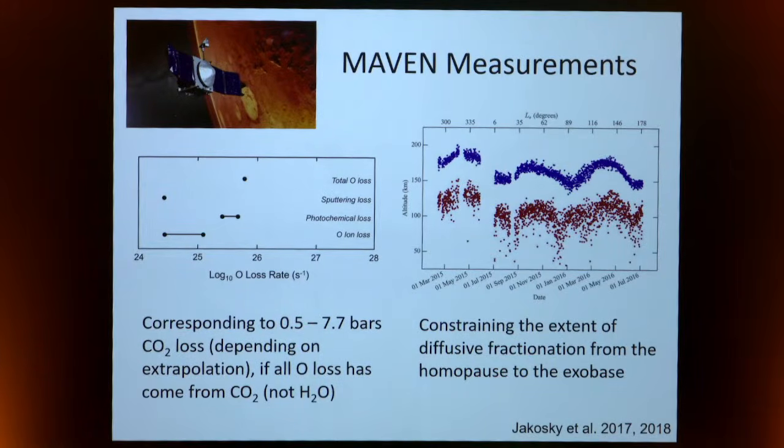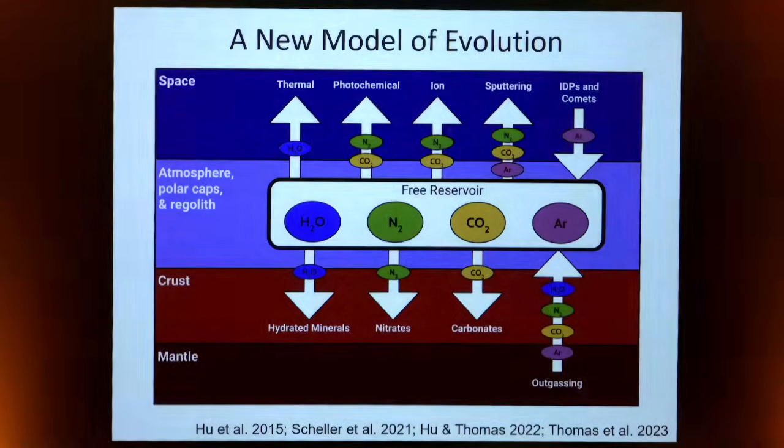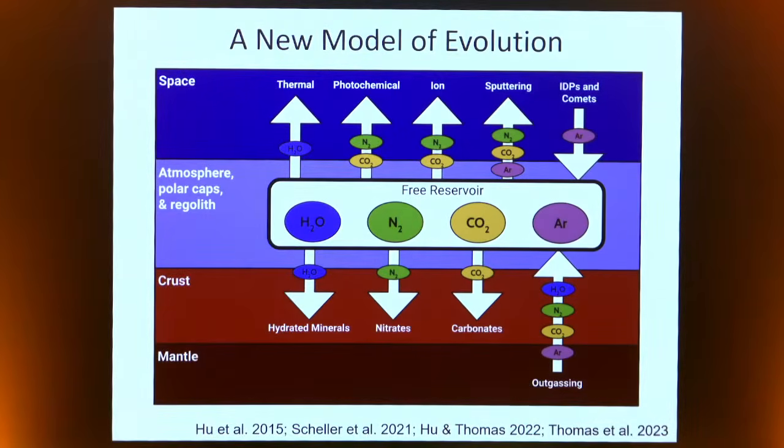So bringing these isotopic measurements and the escape measurements together, as well as taking into account the mineral records that we have gathered in the past 20 years, including the carbonate and nitrate discoveries and measurements, we have, in the past several years, designed this new model of planetary evolution that covers water, nitrogen, CO2, and argon.